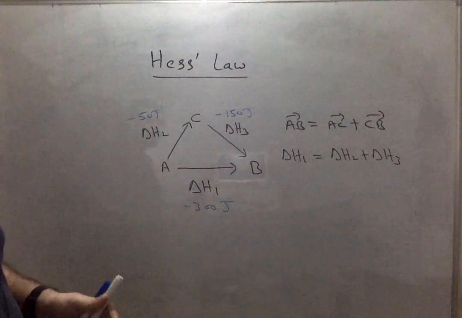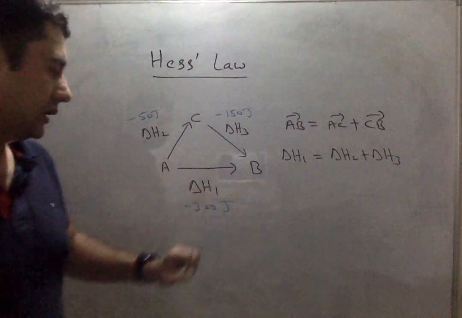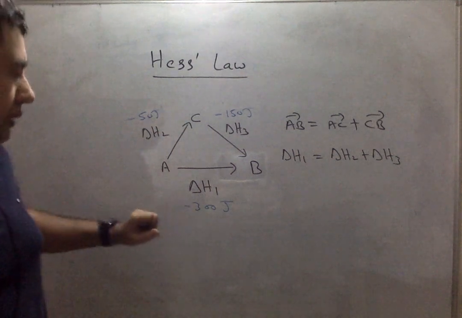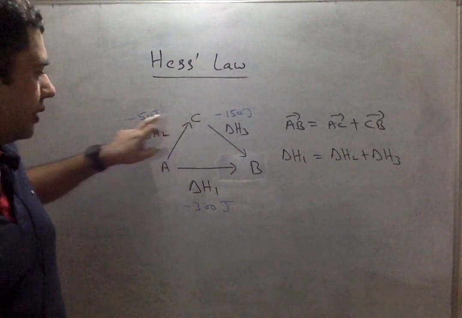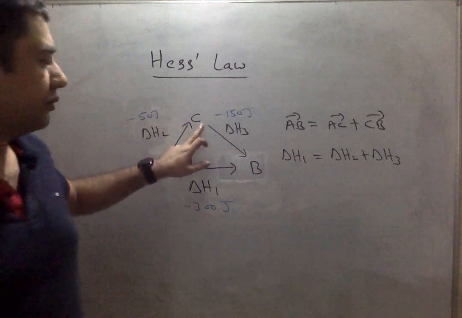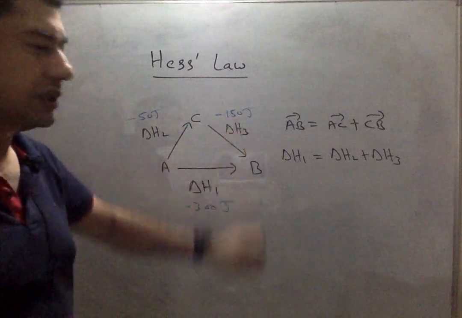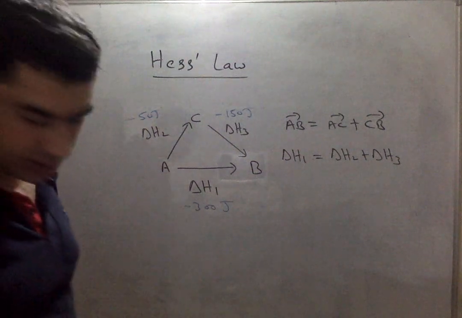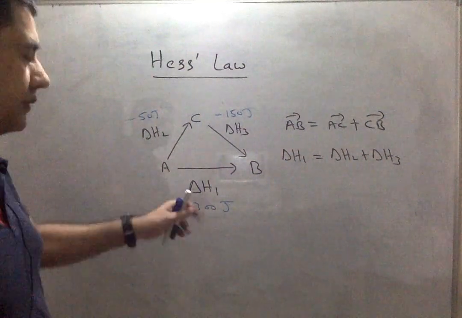Now if we move directly from A to B, the total amount of energy we are going to get is 300 joules. When we move from A to C, we get 50 joules, and when we move from C to B, we get 150 joules. So delta H negative essentially means an exothermic reaction.